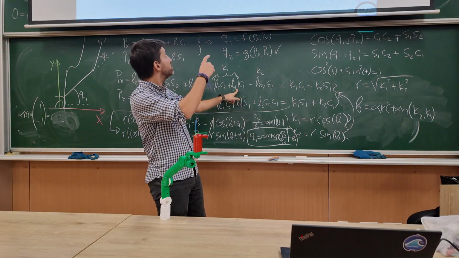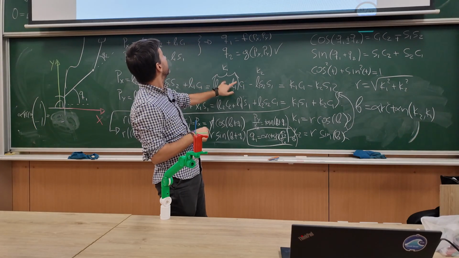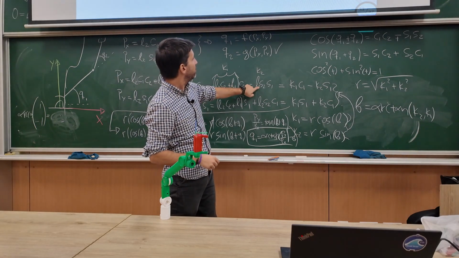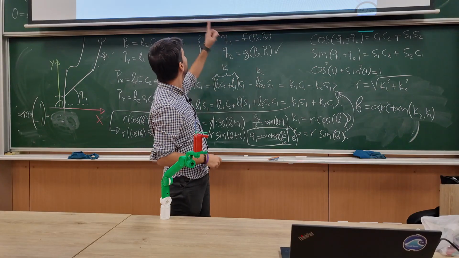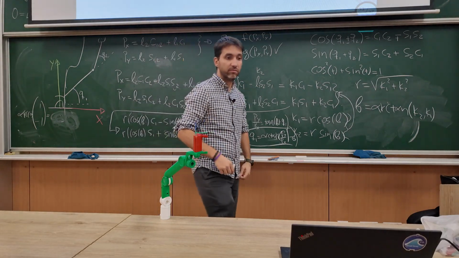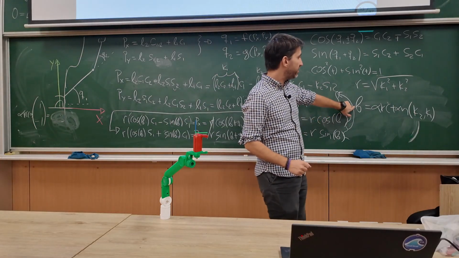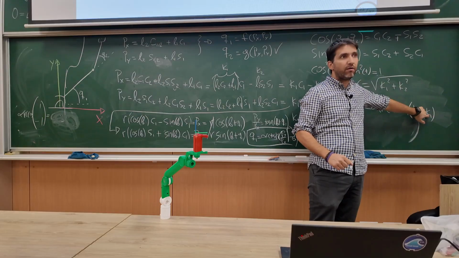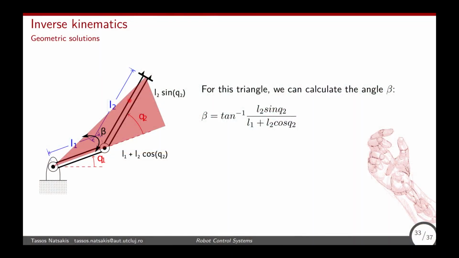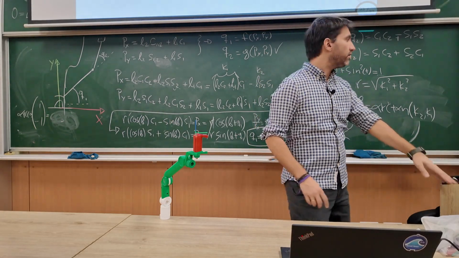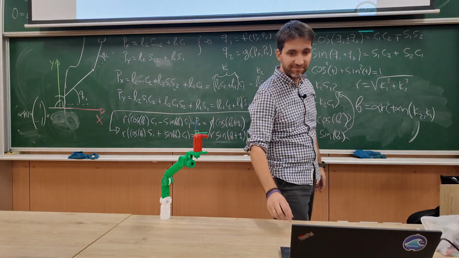L2 c2 plus L1 was my kappa 1, and kappa 2 is L2 sine q2. And we said that theta is the arctangent of kappa 2 over kappa 1. So that's how we came up with this.